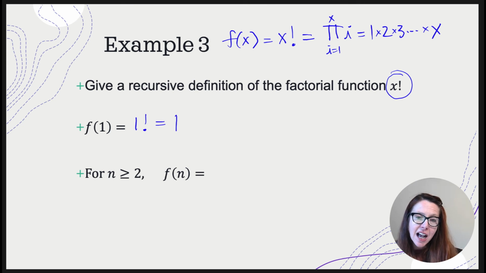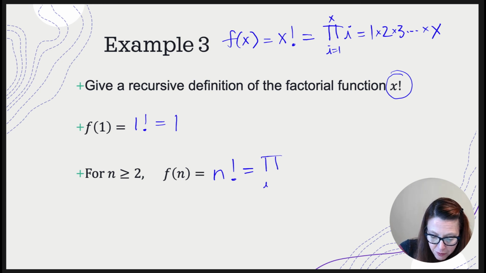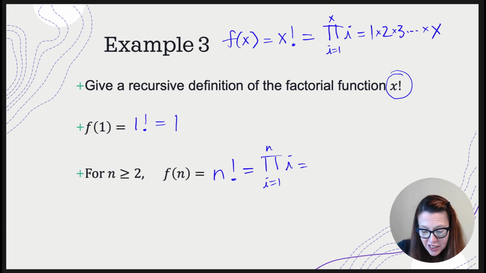Now we have to figure out how we can create a function that has a recursive definition where n is greater than or equal to 2. Well, let's look at what that means. We know that f of n, we want this to be n factorial, which is the product from i equals 1 to n, which is the same as n times the product from i equals 1 to n minus 1.